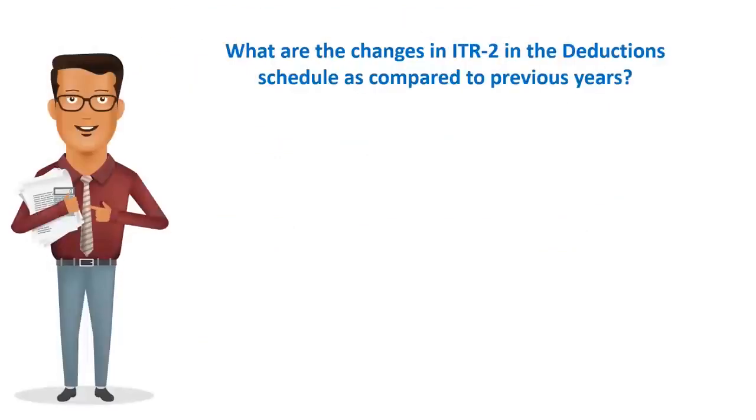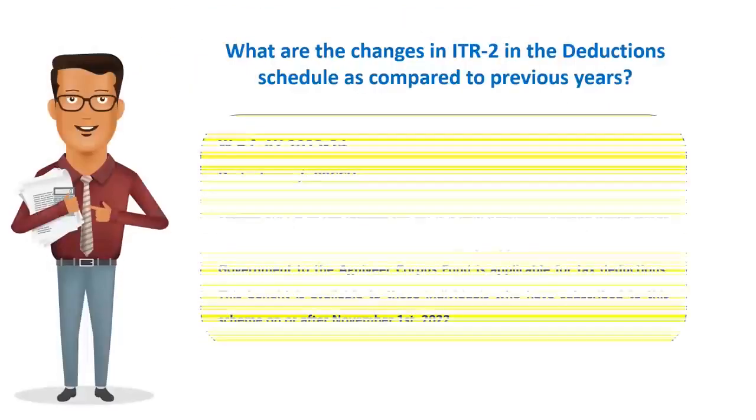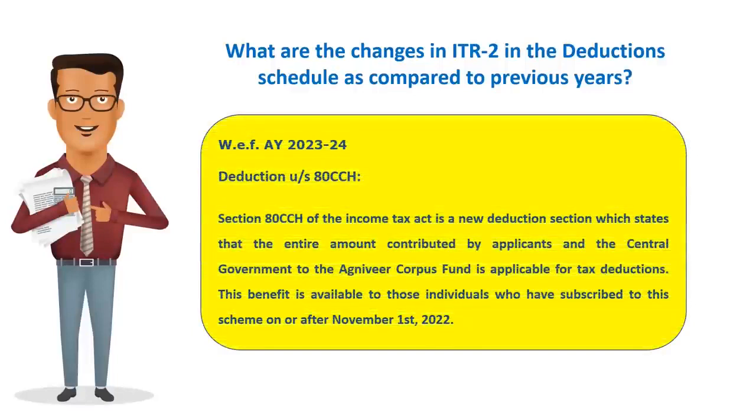Let us now see what are the changes in ITR 2 in the deduction schedule as compared to the previous year. With effect from assessment year 23-24, deduction under section 80CC has been added. The entire amount contributed by the applicant and the central government to the Agniveer Corpus Fund is applicable for tax deduction under section 80CC.